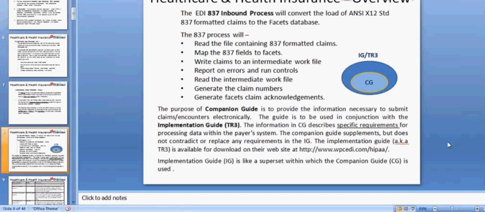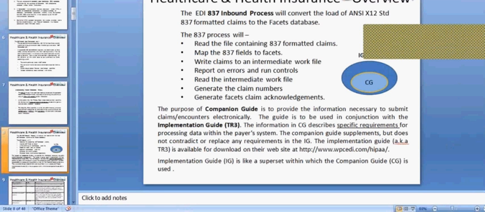If you look at the picture here, this particular picture is about the companion guide. The companion guide is a specific document that tells you how to implement the specific business rules of any particular payer or provider, right?